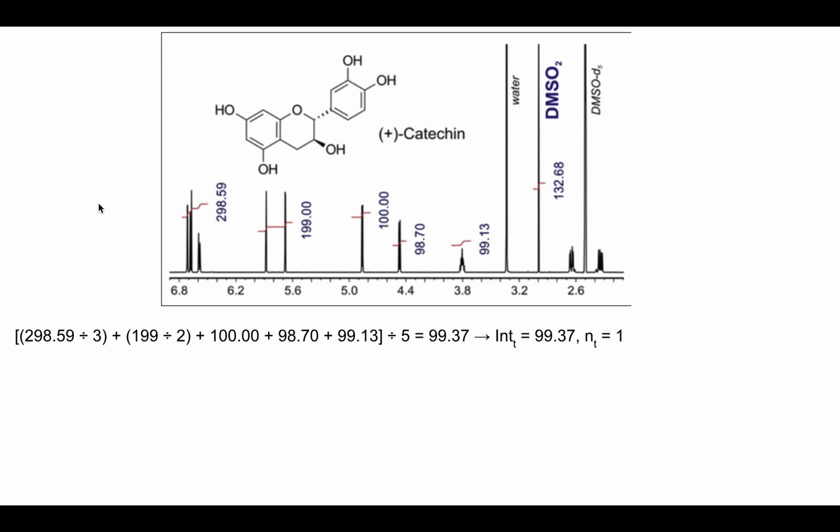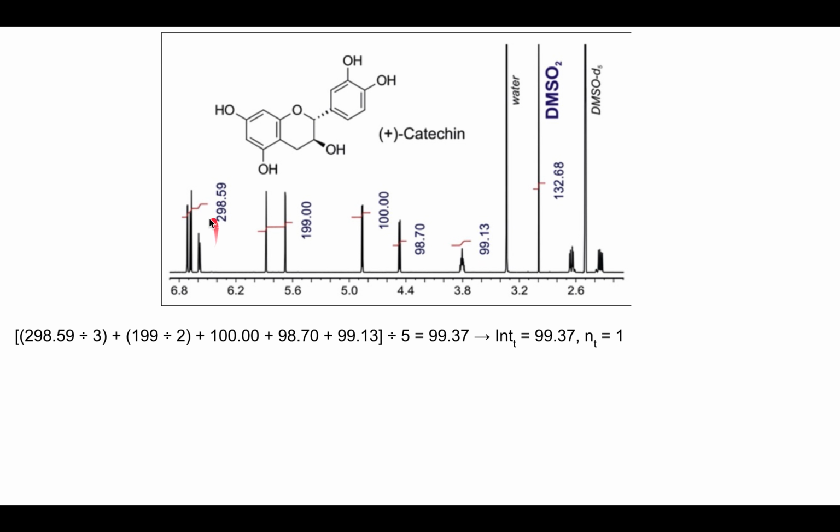So there are 5 signals right here with an integral of 298.59, this signal with an integral of 199, this signal right here with an integral of 100, this signal with an integral of 98.70, and lastly, this signal right here with an integral of 99.13.